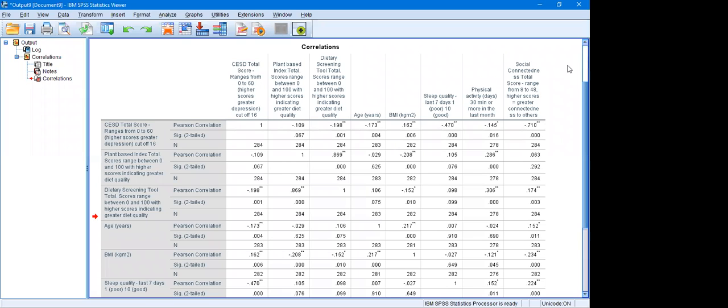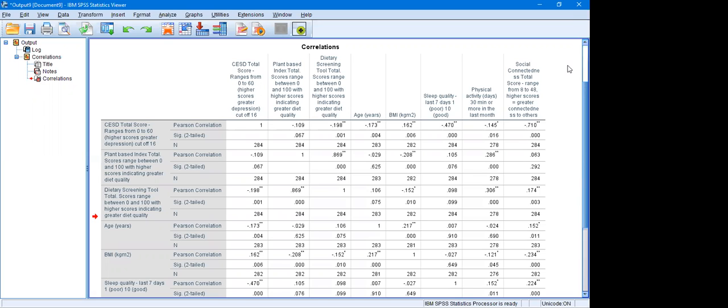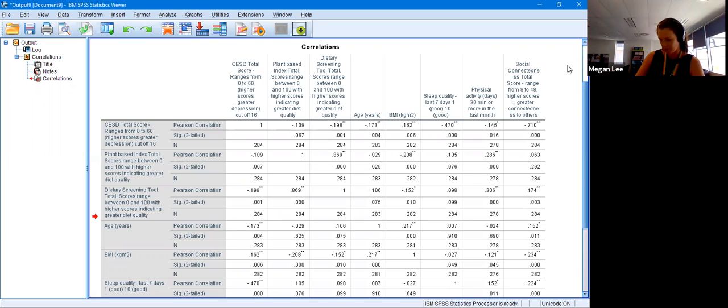But it's only a 0.145 correlation, so it's not particularly strong, but it is statistically significant. Excellent. Okay, finally, social connectedness, my favourite one.